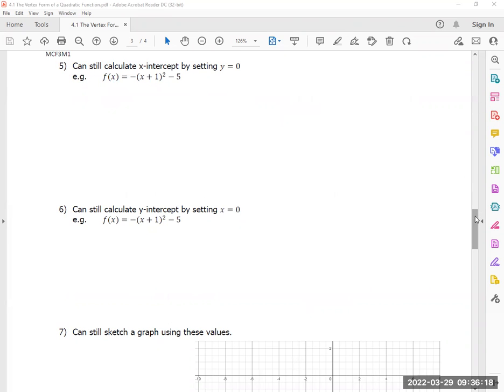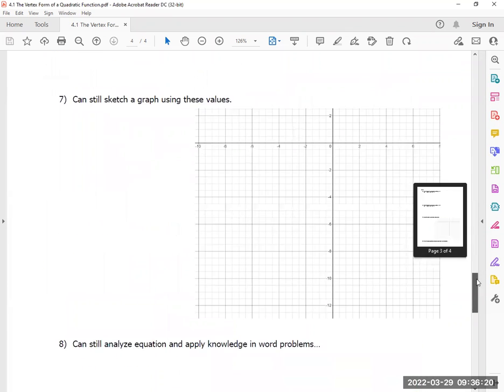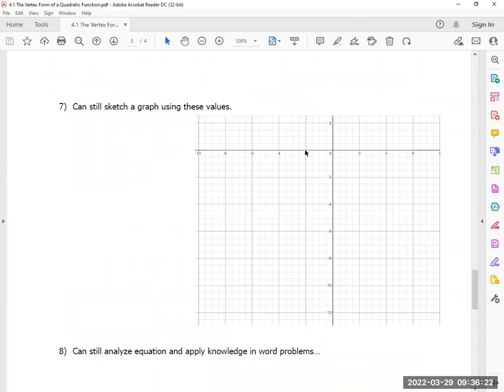Number 1, do we know where the vertex is? Yes, we do. We knew from number 1, it was negative 1 and negative 5. So you should have drawn your vertex somewhere here. That is negative 1 and negative 5. That's the vertex.